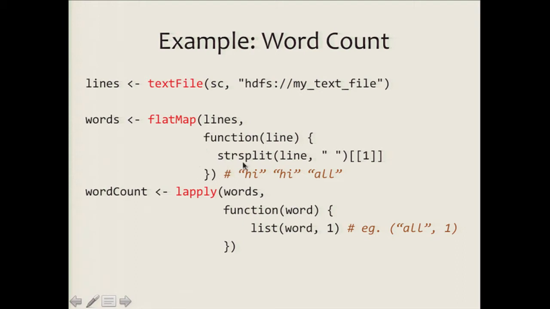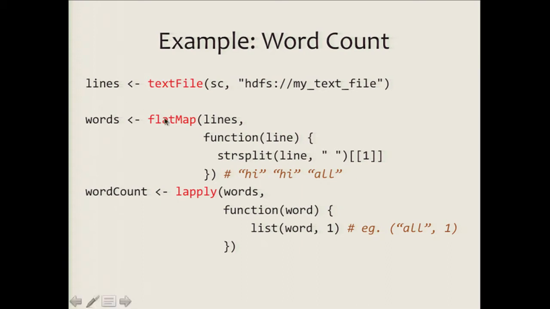What it does is that it uses the native string split function and splits the line by space. And this double bracket 1 here is just a nice way to tell R that we want the return result to be a vector. So for instance, if you have a line of "hi all", one instantiation of this closure will return a vector of these two words.